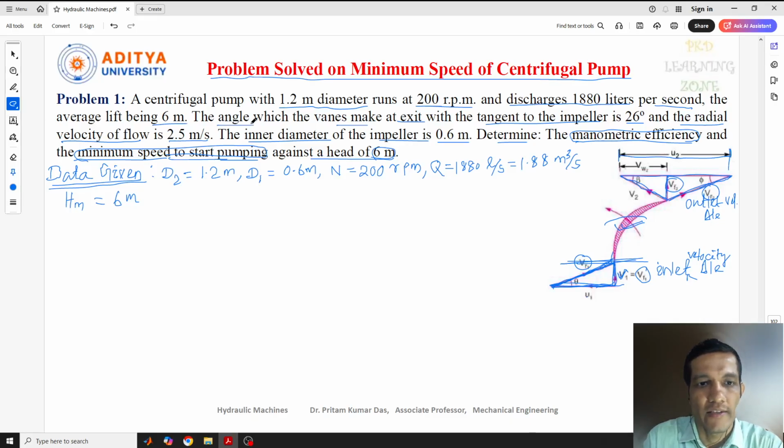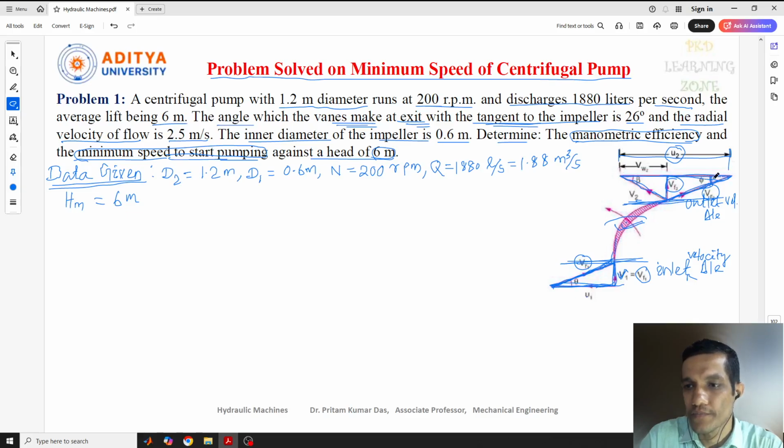As it is given, the angle which the vane makes at the exit with the tangent of the impeller. So this is the impeller blade. So if you draw the tangent here, this is nothing but u2. So this tangent which is given here makes an angle of phi with the impeller exit, this one vr2.